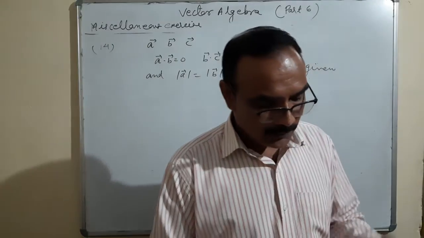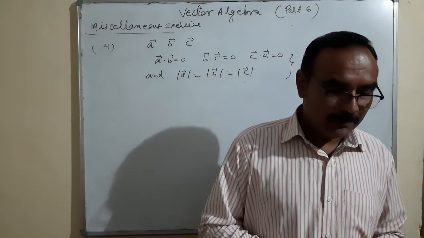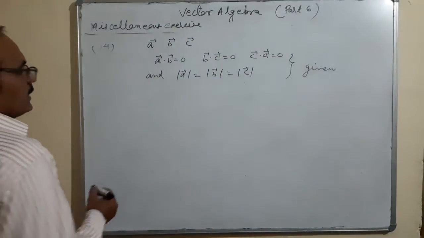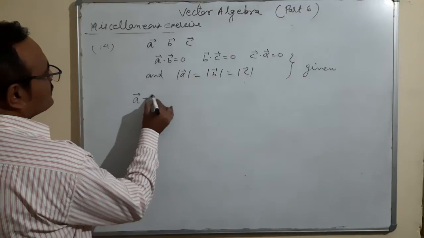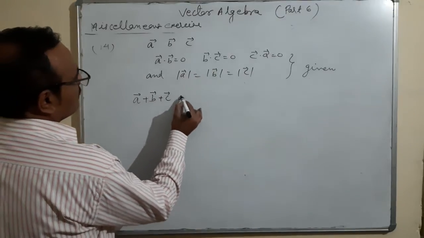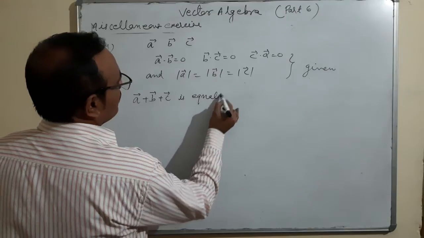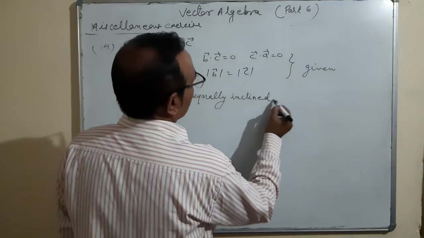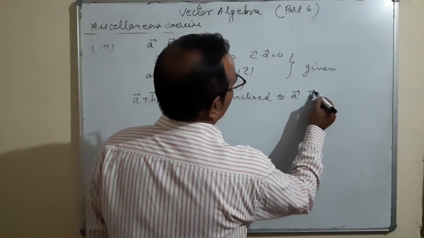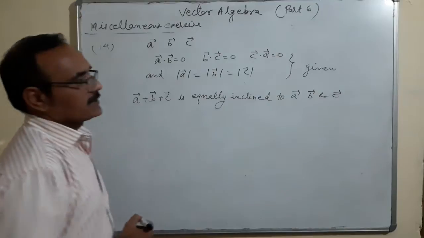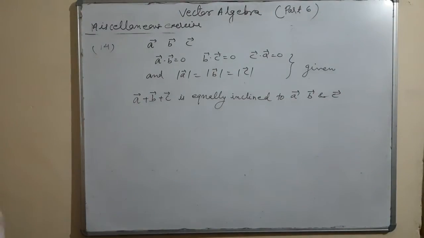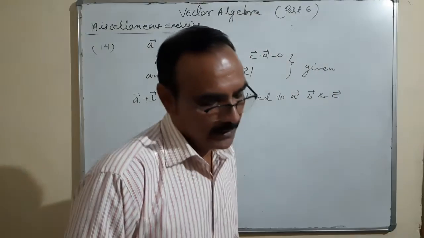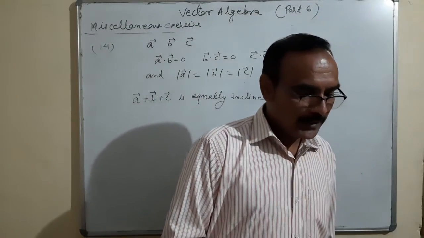Actually, the question is not correct. You just correct this: show that vector A plus B plus C is equally inclined to vector A, vector B and vector C. That is the question. The C dot D is unnecessary; maybe it was printed from question number 12.